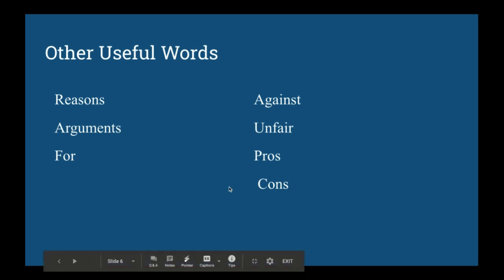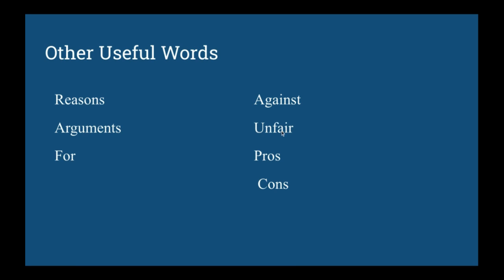If someone is arguing against getting a dog, they don't think you should get a dog. Unfair: something is not fair, you could say, it's not fair that some people get paid too low, for example. Pros are the advantages and cons are the disadvantages.